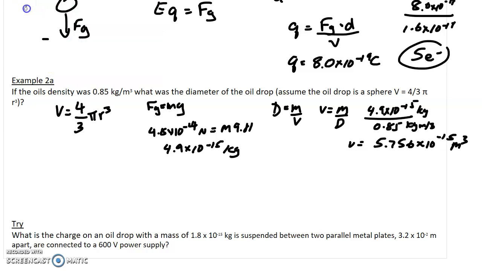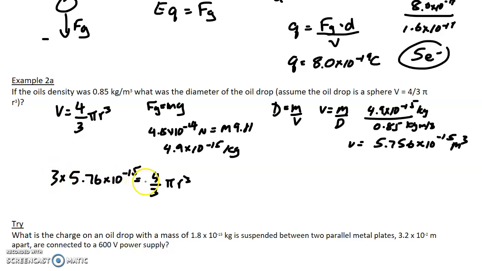So given the fact that we now have the volume, this is what we're now going to plug into the volume of a sphere formula. Right? V is equal to 4/3 pi r cubed. So instead of volume, we're going to substitute in the 5.756 times 10 to the negative 15, 4/3 pi r cubed, multiplying both sides by 3, dividing both sides by 4, and dividing both sides by pi.